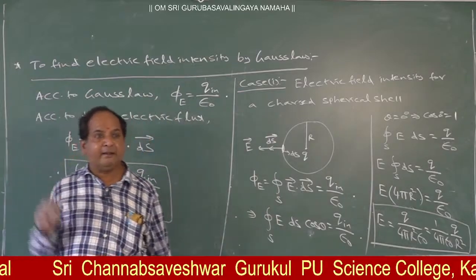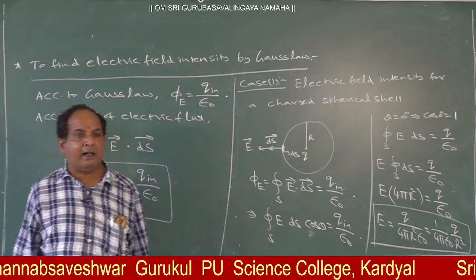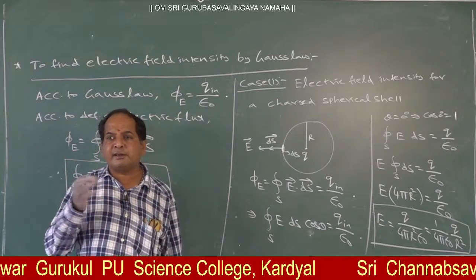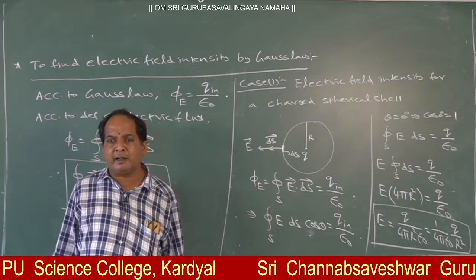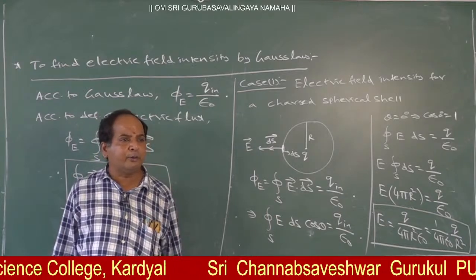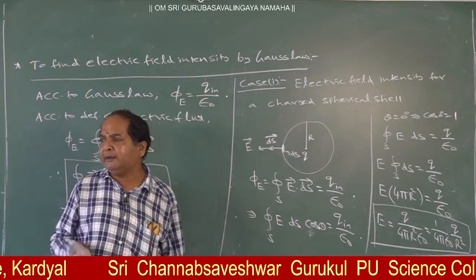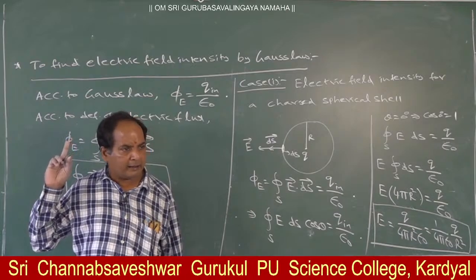In the beginning, how did we find this? By using Coulomb's law, charge Q1 and charge Q0, the force acting between those two charges is 1 by 4 pi epsilon naught Q into Q0 by r square. F by Q0 is nothing but E. So E is equal to 1 by 4 pi epsilon naught Q by r square.